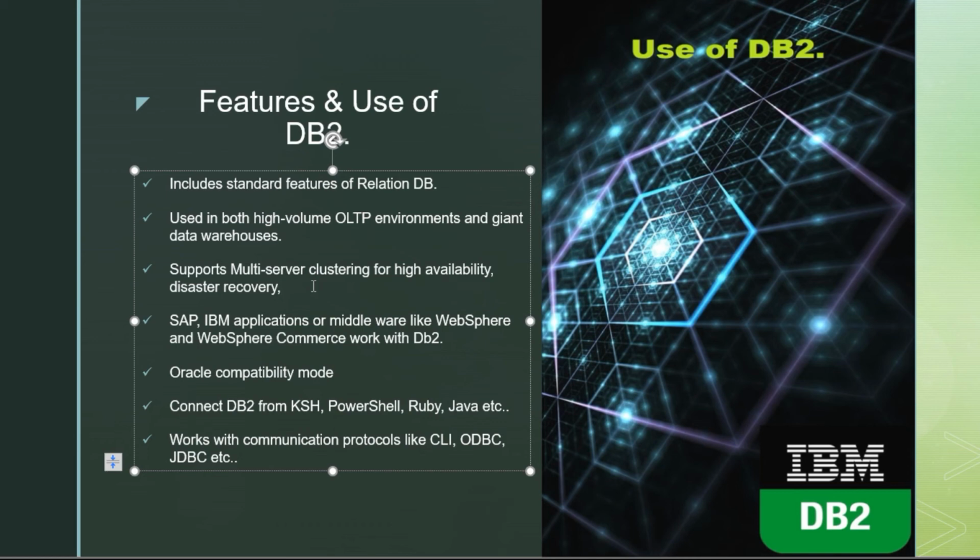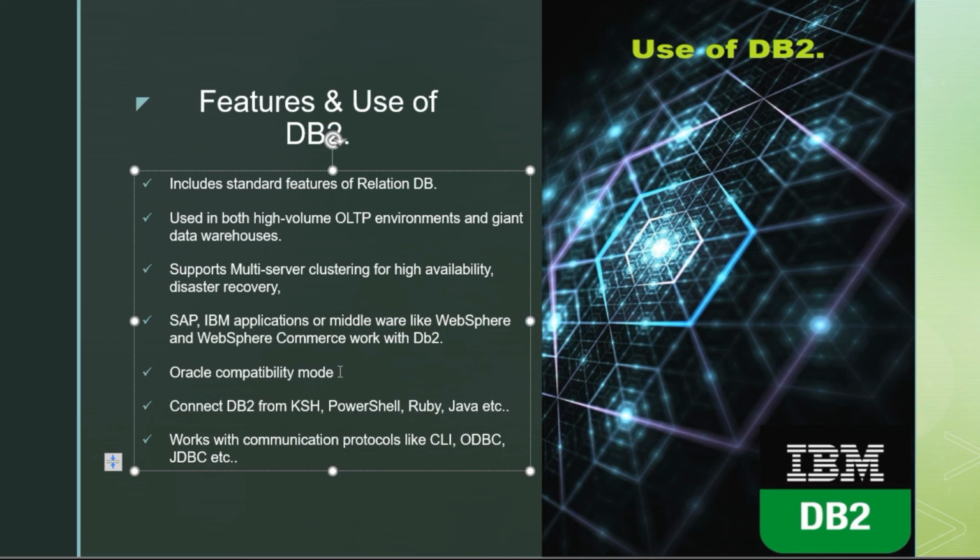DB2 offers several different formats of multi-server clustering for high availability, disaster recovery, and applying massive amounts of computing power to large datasets. Like features, the list is quite long. Thousands of custom applications work with DB2. SAP is one of the larger ones that usually certifies on DB2. Most IBM applications or middleware like WebSphere or WebSphere Commerce work with DB2.